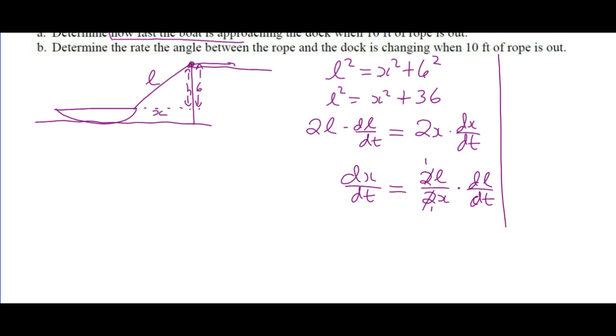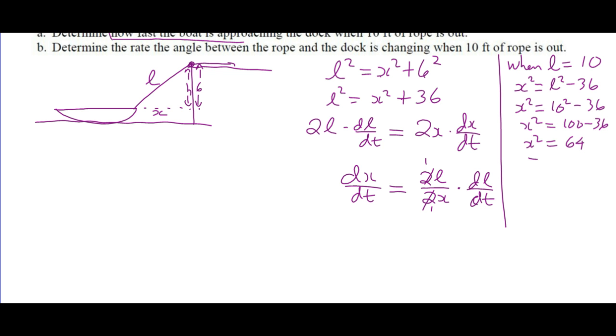So when L is equal to 10, then x squared is equal to L squared minus 36. 100 minus 36, 64. X is 8, right? Or you know your 3, 4, 5 triangles and say, hey, that's just a 6, 8, 10. It's a variant of the 3, 4, 5.